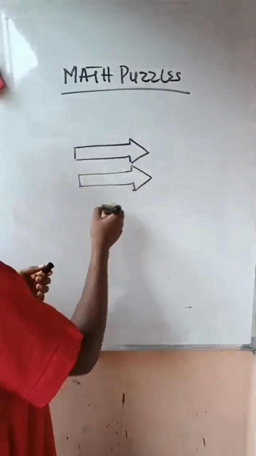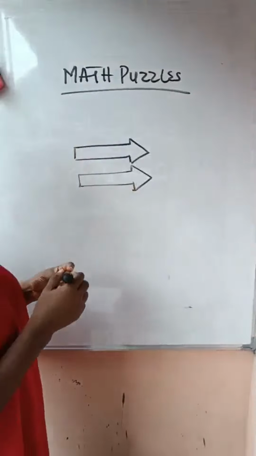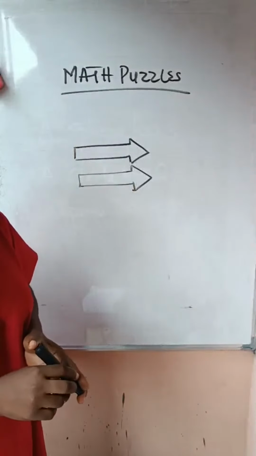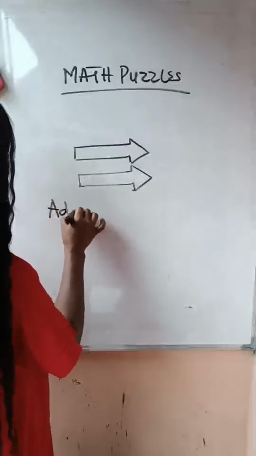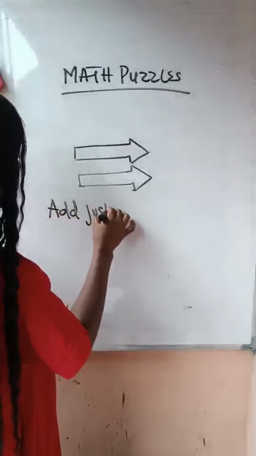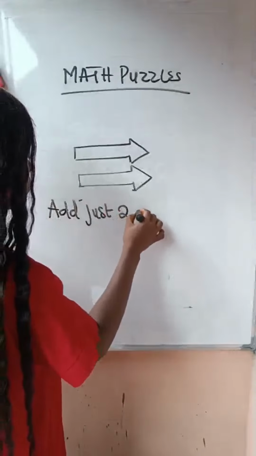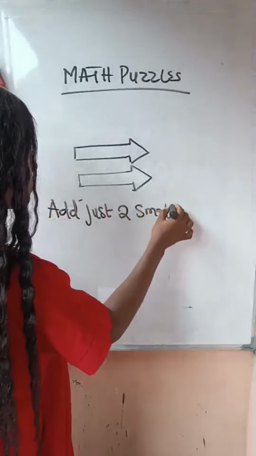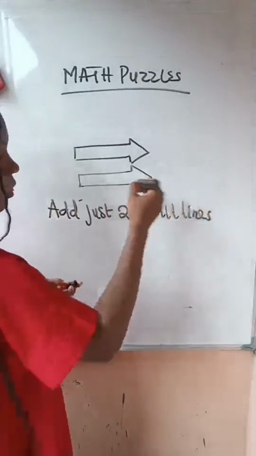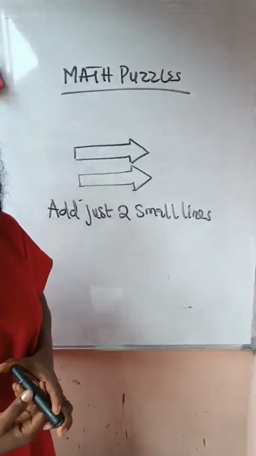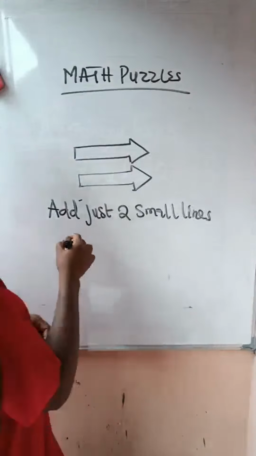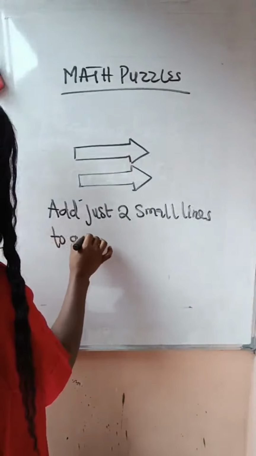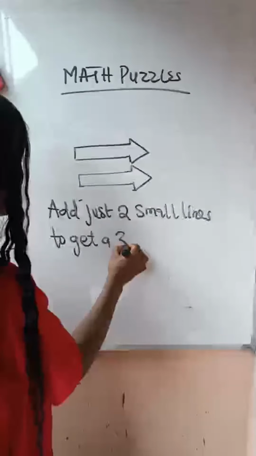So these are the 2 arrows, and we are asked to add just 2 small lines to get a third arrow.